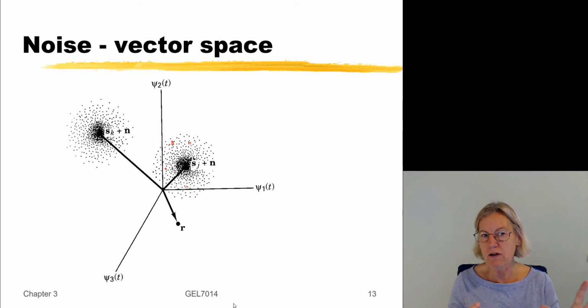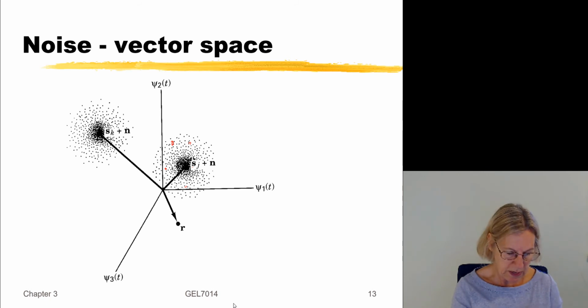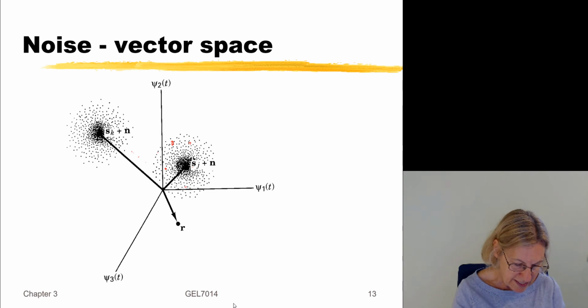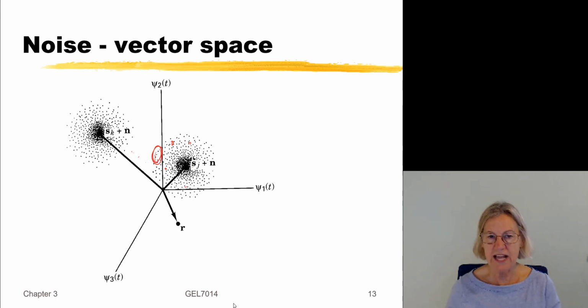And the smaller the cloud is, the easier it is to distinguish what was transmitted. There don't seem to be any received signals anywhere in between here, right? So you think, oh, well, it's not too hard to figure out. When I see this here, I'm going to guess that it was an Sj sent and not an Sk. And so now we're getting into decision algorithms. How do I decide what was transmitted? This is where we're going with this signal space analysis.